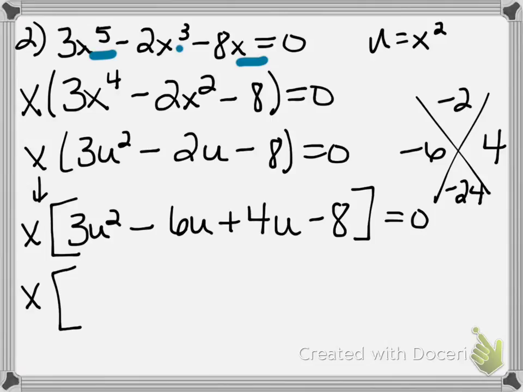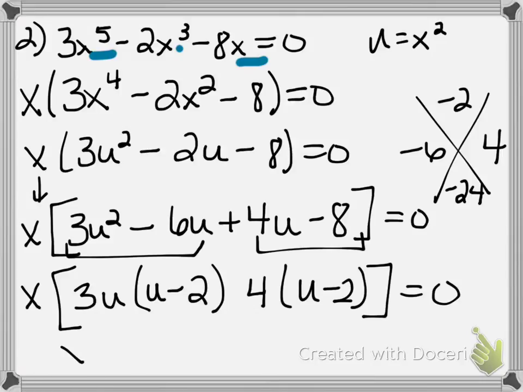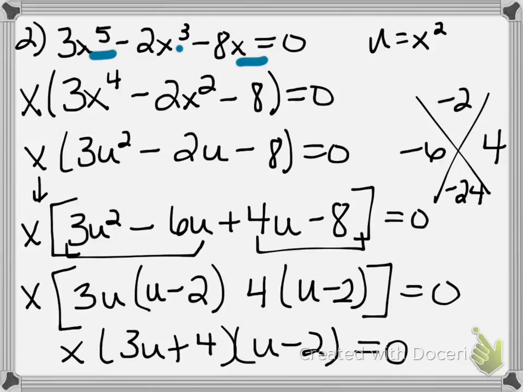Here my GCF with 3u squared minus 6u is going to be 3u, and I get u minus 2. Here my GCF is 4, and I get u minus 2. So then I end up with x times (3u plus 4) times (u minus 2), and that equals 0.